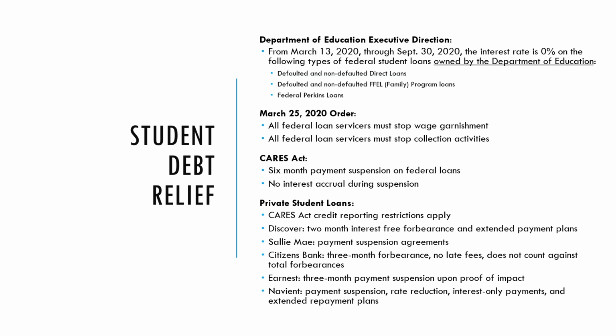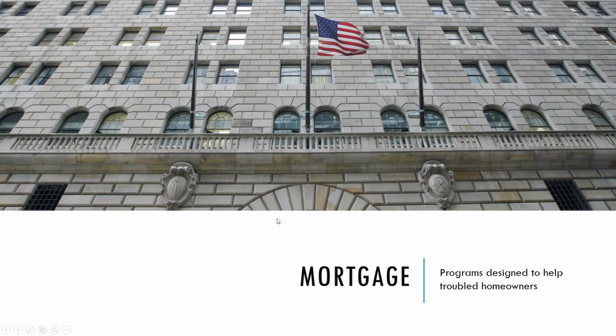There's some challenge regarding whether or not you have to now classify these modified loans as troubled debts for accounting purposes. And we'll talk about some guidance that's come out that's given some relief to lenders and financial institutions when they're trying to work through the COVID-19 crisis that we'll get into a little bit later on. So with that, I'll turn this over to one of my colleagues now to talk a little bit about mortgages.